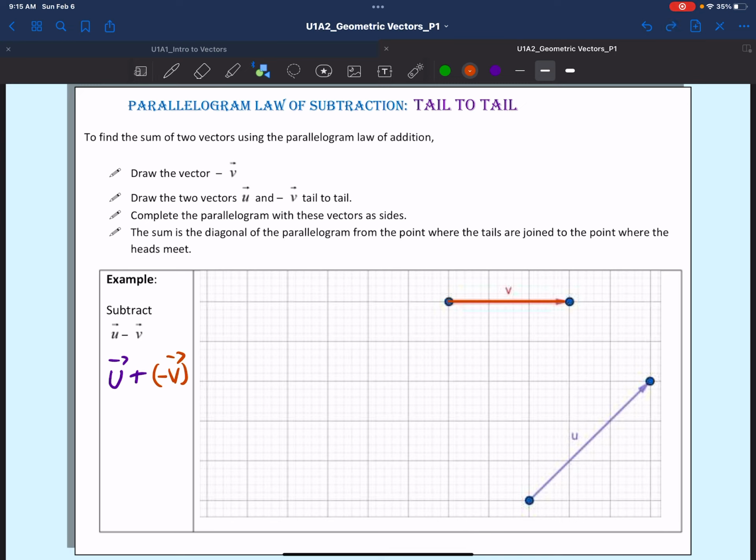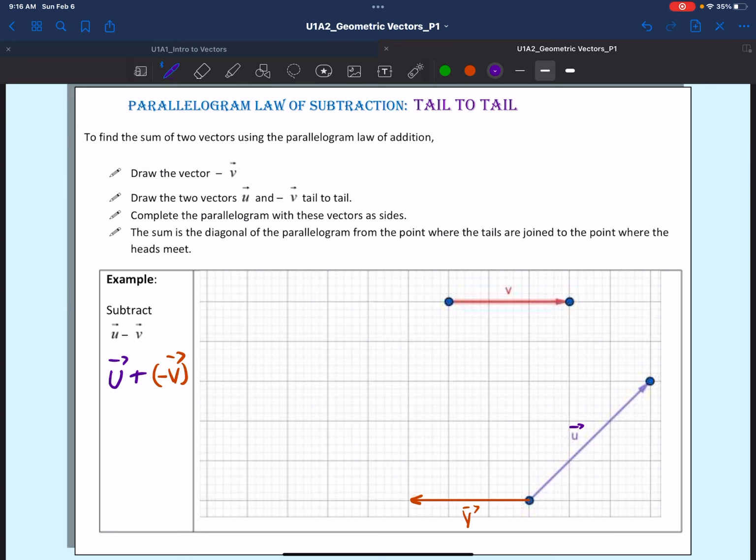So we'll grab that. And we will bring the tail of vector v, forgot to grab the head as well, at the tail of vector u. Here goes v, and here goes vector u.